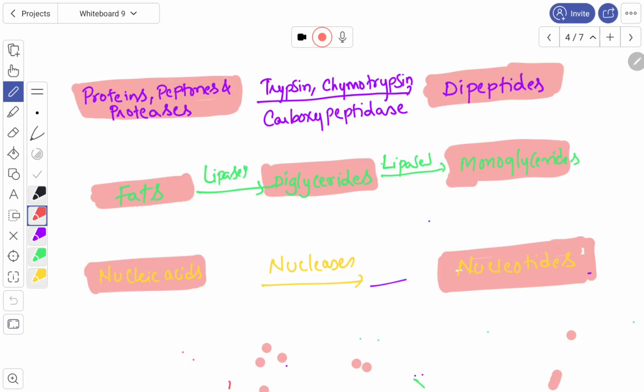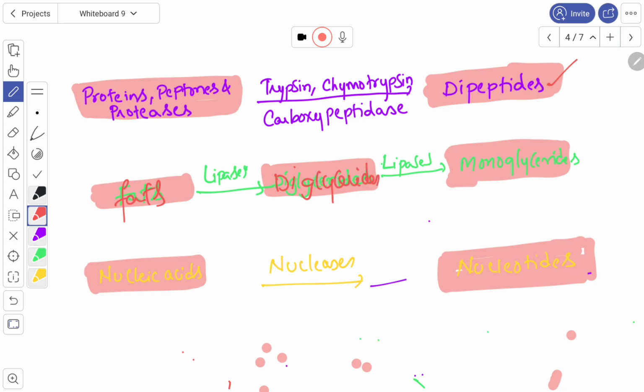Now, in the pancreatic juice functions, the proteins, peptones and proteases in the presence of trypsin, chymotrypsin and carboxypeptidase are converted into dipeptides. Similarly, fats in the presence of lipases are converted into diglycerides.